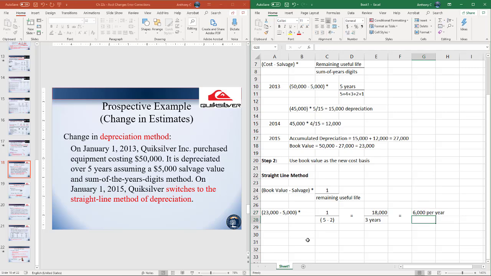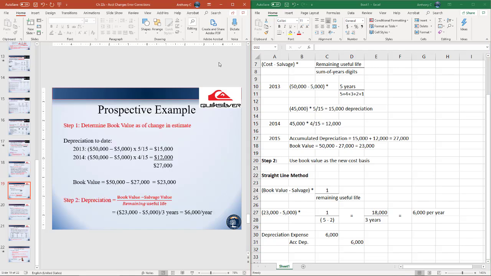So then in 2015, we would recognize a total of $6,000 of depreciation expense. So you would debit depreciation expense for $6,000, and you would credit accumulated depreciation, as you already know. So this next slide just covers what we just went over.